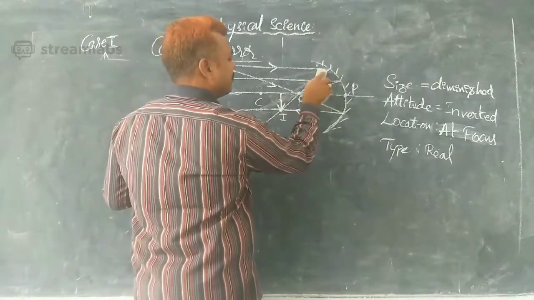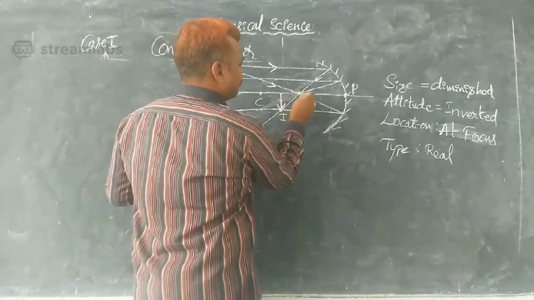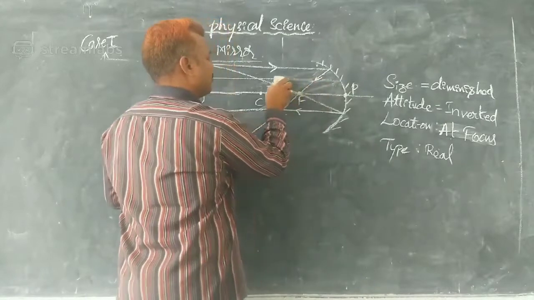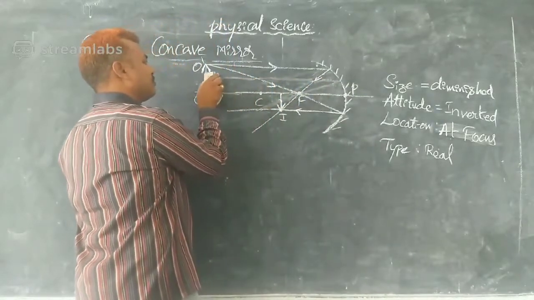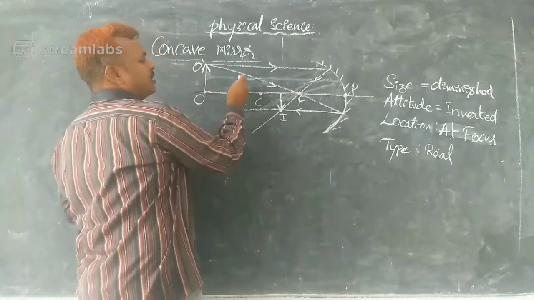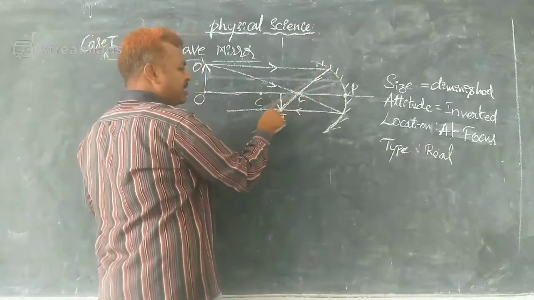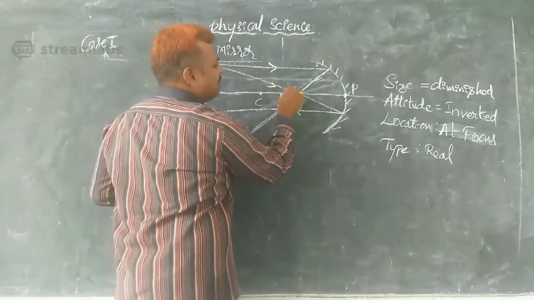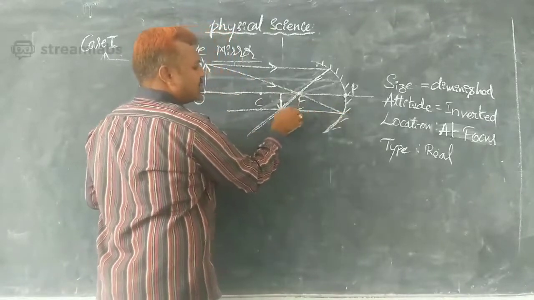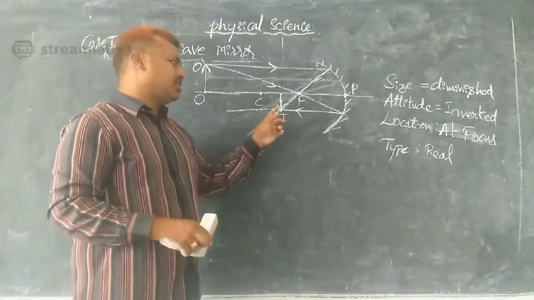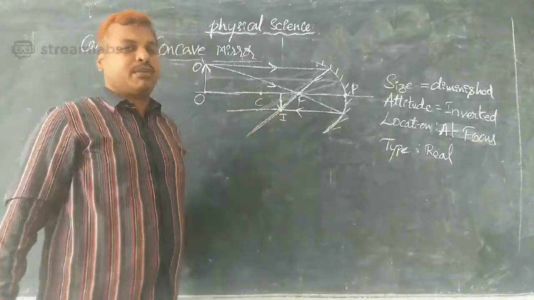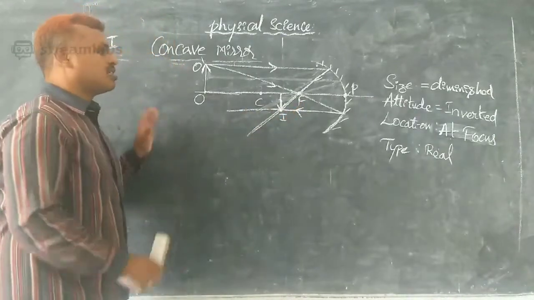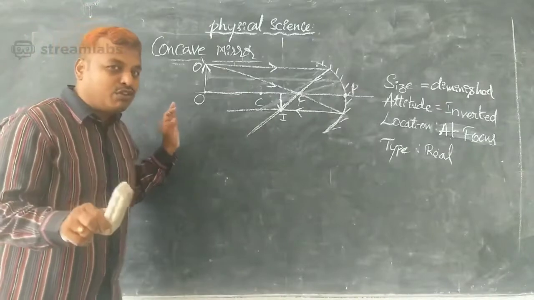So light ray coming from the head is going through the image head, right? Light ray taken from the focus will come out and join with the head of the image. So the location where the image is formed is between center of curvature and focus. Have you noticed?